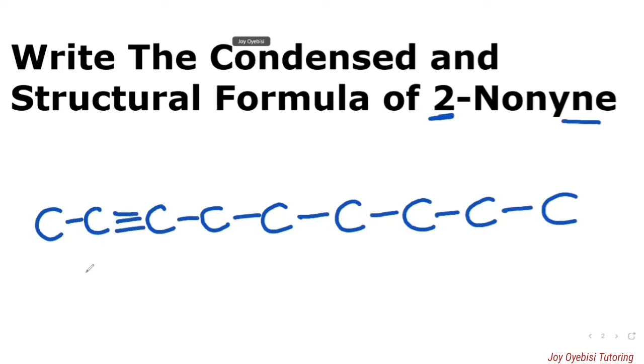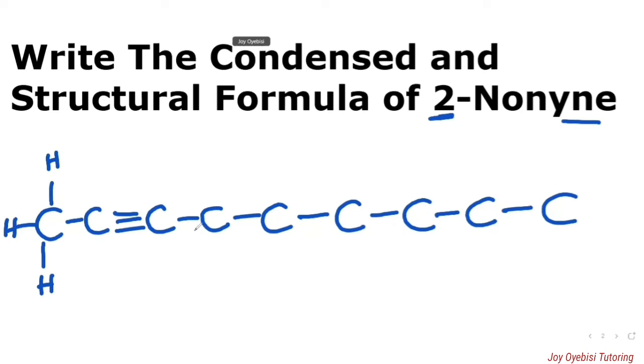After this, next is to fill up the hydrogens. As you fill up the hydrogens, you make sure that all the carbons have 4 bonds. For this first carbon here, we have 1 bond already, so we make 4 bonds by adding 3 hydrogens. For this other one we can count 1, 2, 3, 4, so this is complete. This one is also complete.